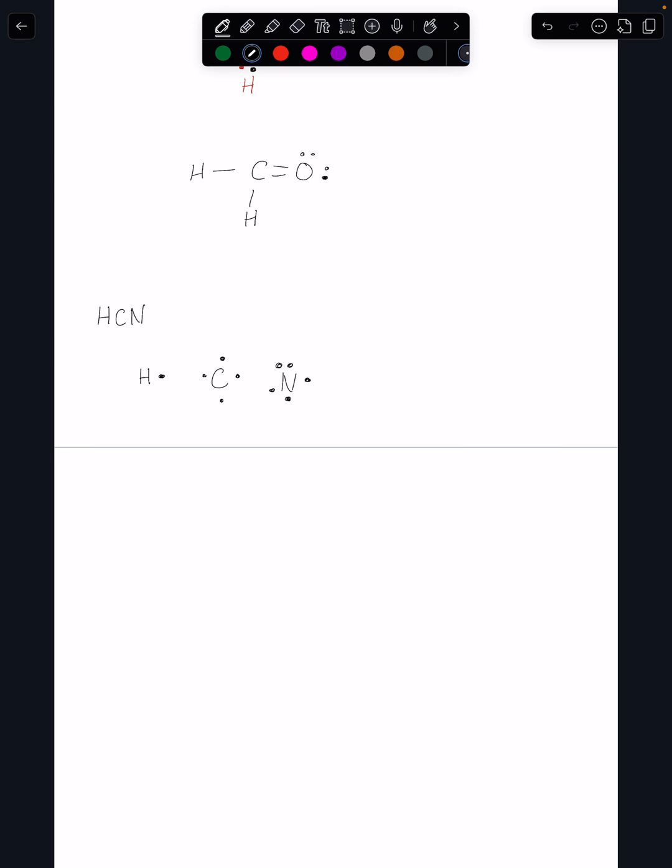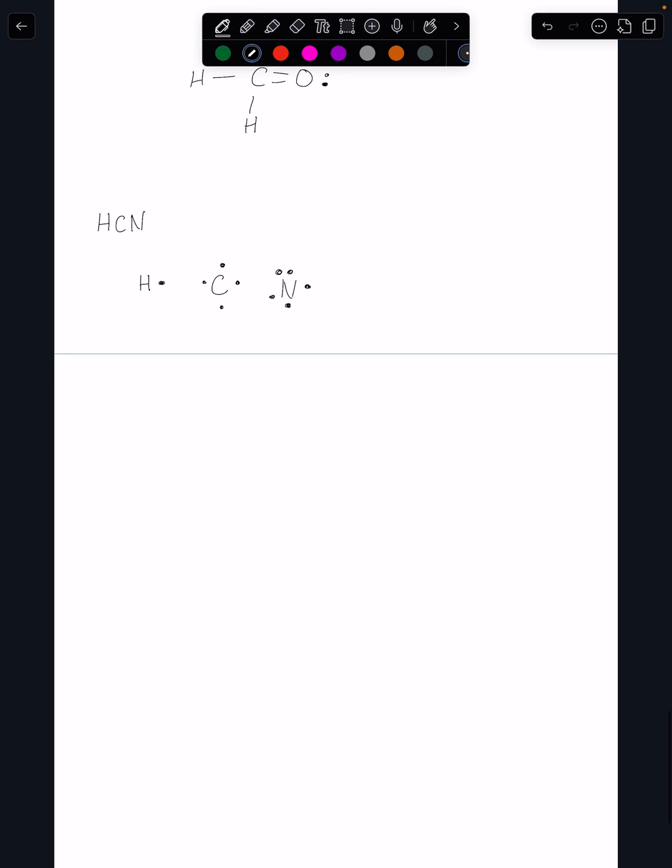All right, so as always, the one with the most spots is the central atom. So in this case, it's once again carbon. So let's draw carbon with its 4 electrons around for now. We'll draw the hydrogen bound to it, and then the nitrogen. There's its 5 electrons.